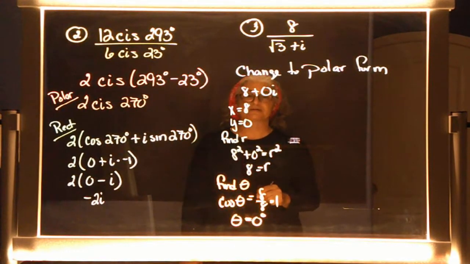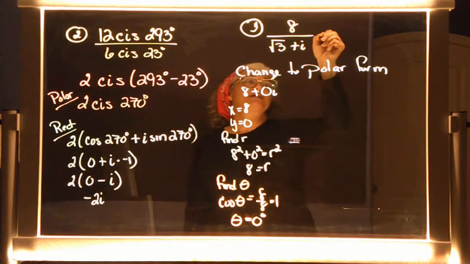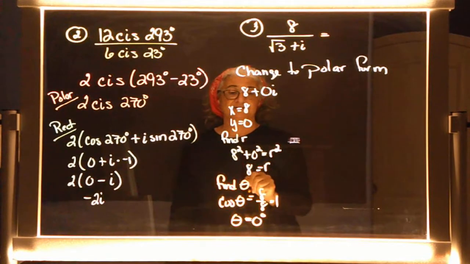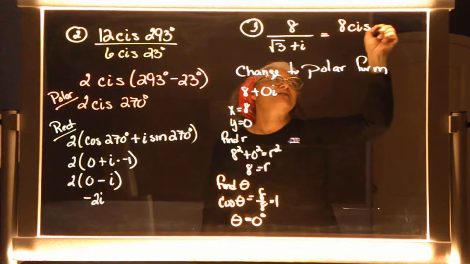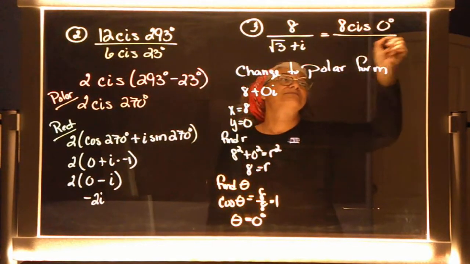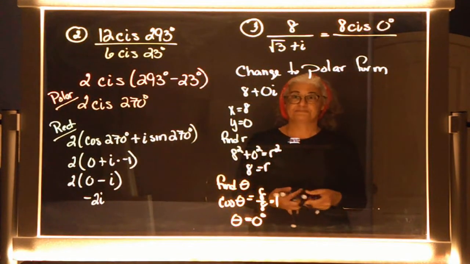That's 0 degrees. Wow, okay, that's cool. Which tells me this: instead of 8, I can write r CIS of 0 degrees. Cool? Okay.